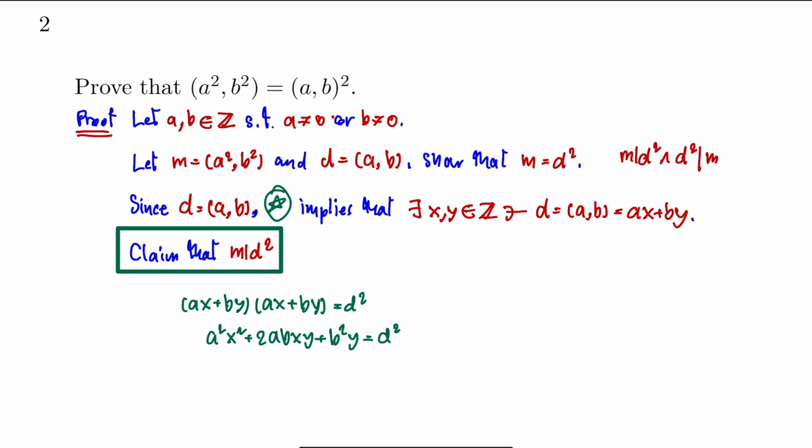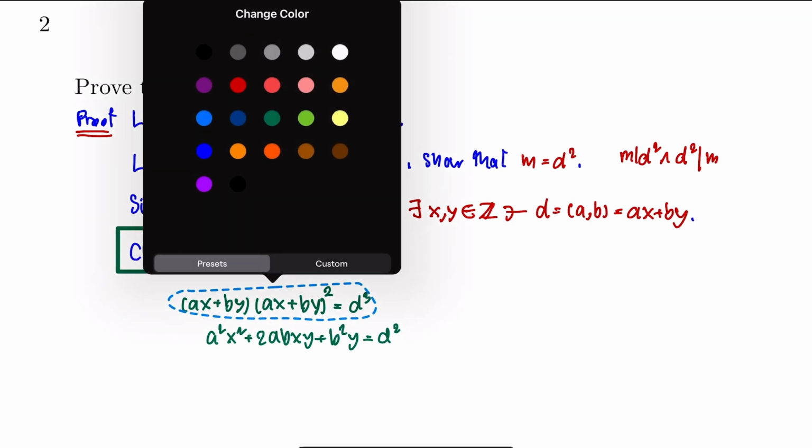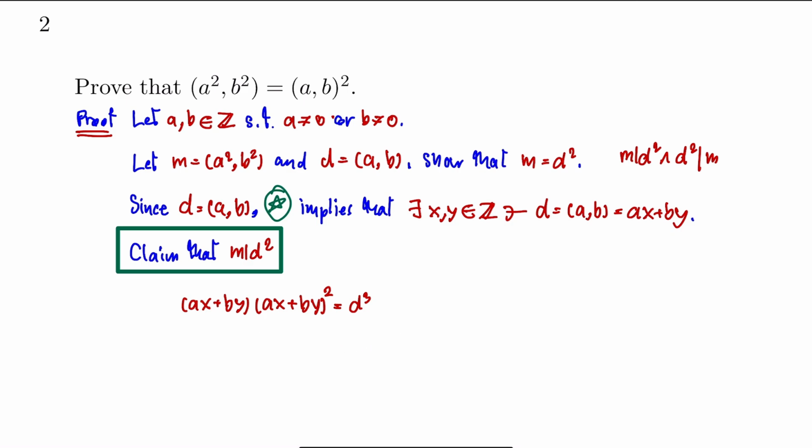But the disadvantage of this approach is that the term 2abxy doesn't have a square or b square as a factor. So if I want a square and b square as a factor for all of these terms, we might multiply. We might find ax plus by times (ax plus by) square, and it turns out to be d cube. I want to start with this and then expand.